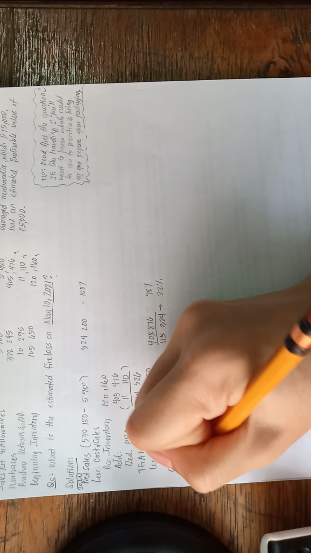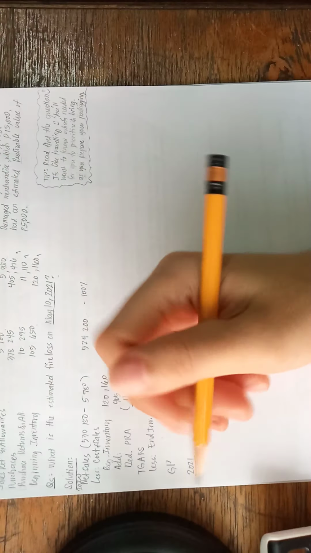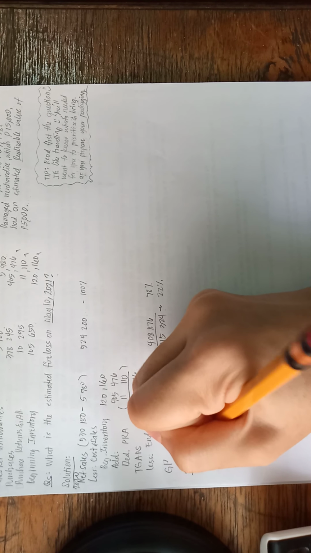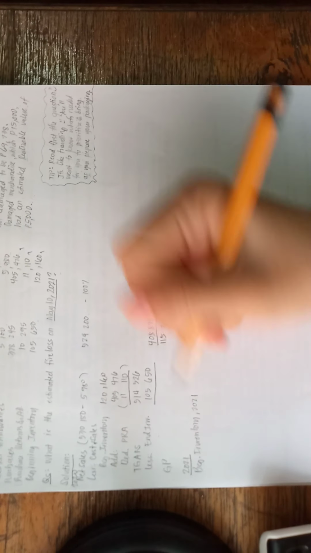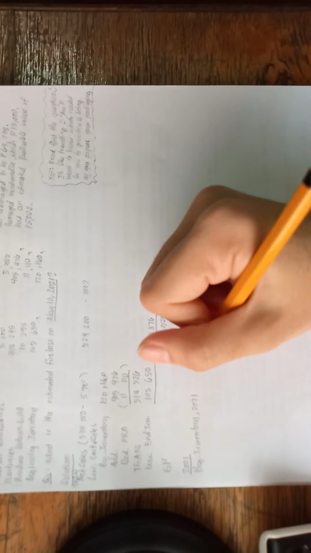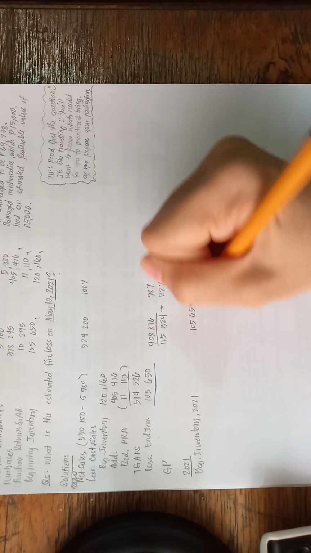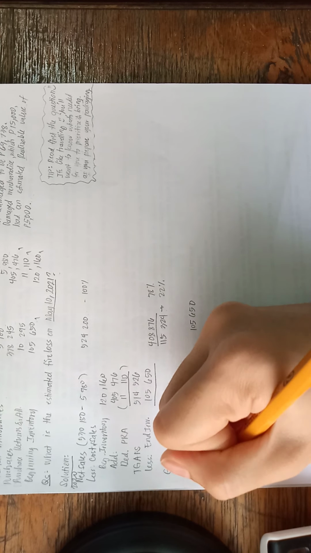And now we will be computing the 2021 calendar year, which is the main question of the problem. So beginning inventory for 2021 is 105,650, plus the net purchases.